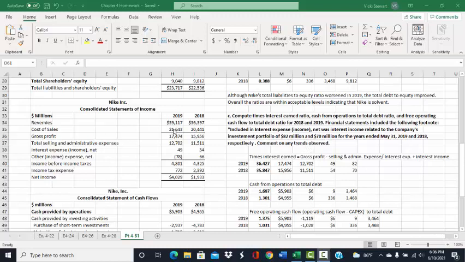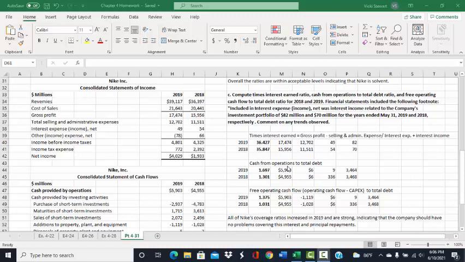So we got our information from the gross profit and the selling and administrative expense, subtract those, and then we took our interest expense and we're going to add back that interest income, and we got our times interest earned for 19 and 18. Next we have our cash from operations to total debt, and we've got those ratios for 18 and 19, and then free operating cash flow, which is equal to operating cash flow minus capex and then divided by total debt.